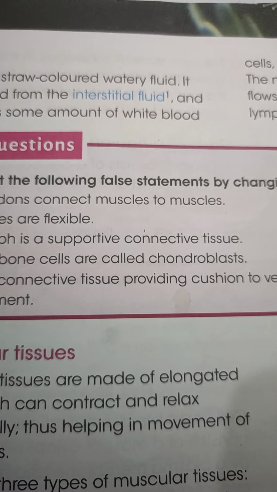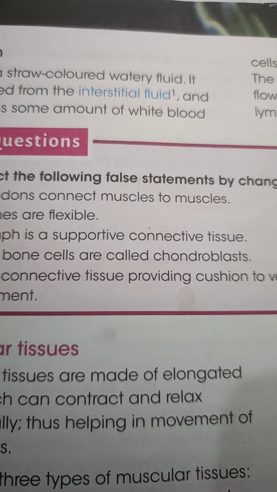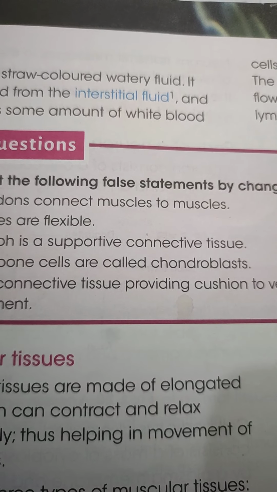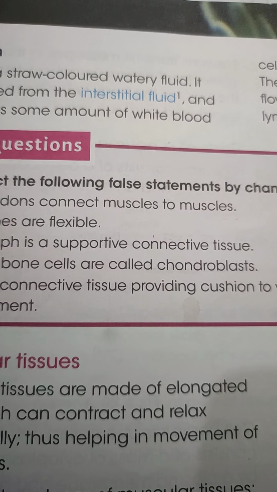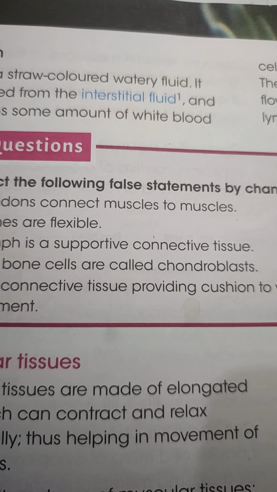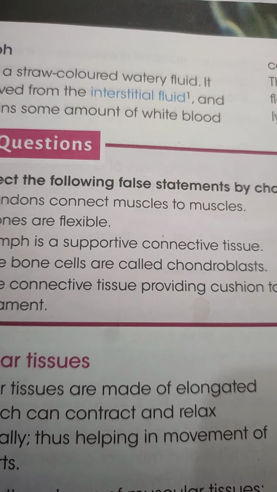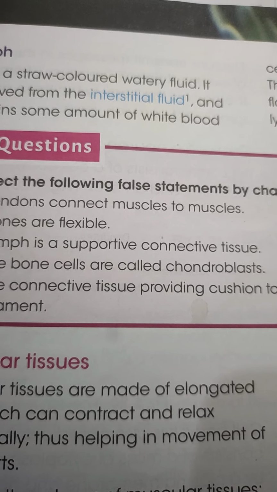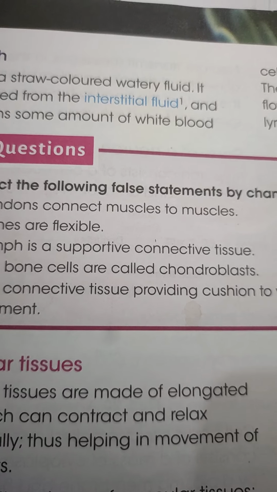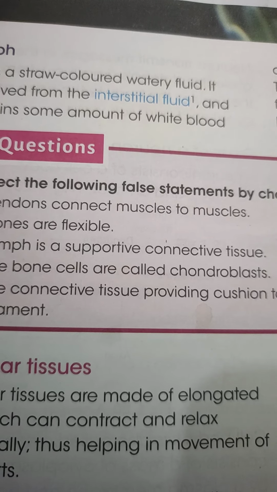So this fluid that comes from the arteries, now this deoxygenated lymph is absorbed by the lymph vessels, and from the lymph vessel it drains into the lymph node, and from the lymph node it drains into the veins, and veins carry blood to the heart. So this is the lymphatic system and the lymph.